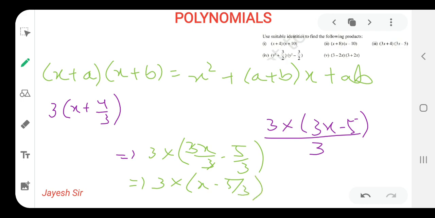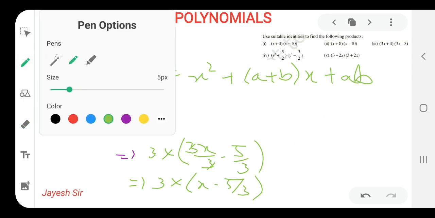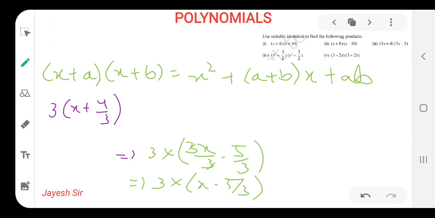This thing we have done because we want x to be there so that we can relate it with our formula. I hope you all might be getting it. So what we have got friends, 3 into x minus 5 by 3. So let's write it over here, 3 into x minus 5 by 3.